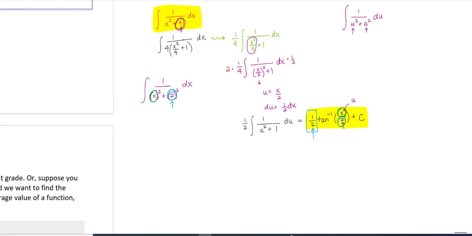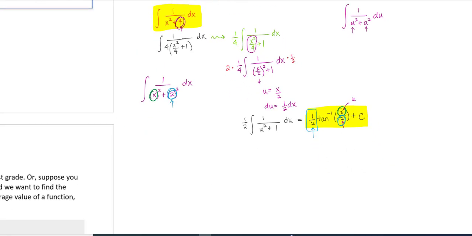So let's look at a different one where now I have the antiderivative of 1 over 9x squared plus 1. So now I still have that plus 1, which is great. But now what I'm going to say is I'm going to look at this as a quantity 3x squared, because then I can see my u substitution pretty quickly. U would be 3x, the inside of that function squared.